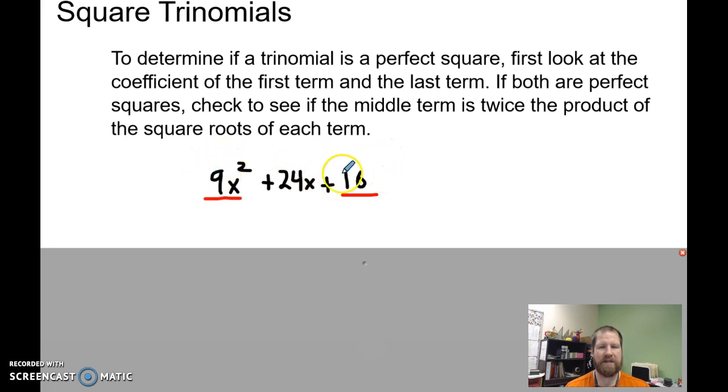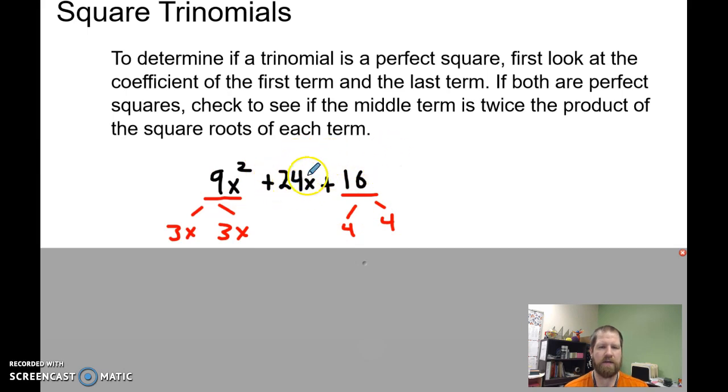If either of these is not a perfect square, then this is not a perfect square trinomial. So if we look at this, 9x squared, I could factor that into 3x times 3x, so that is a perfect square. And 16 factors into 4 and 4, so this might be a perfect square trinomial.